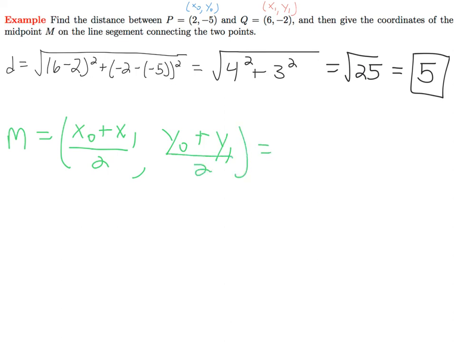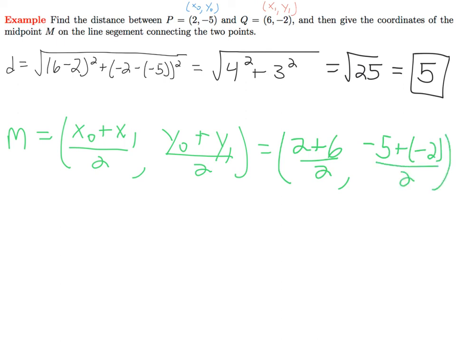So here we have that x0 is 2 plus x1, which is 6, and divide that by 2. y0 is minus 5 plus y1 is minus 2, and we divide all of that by 2.